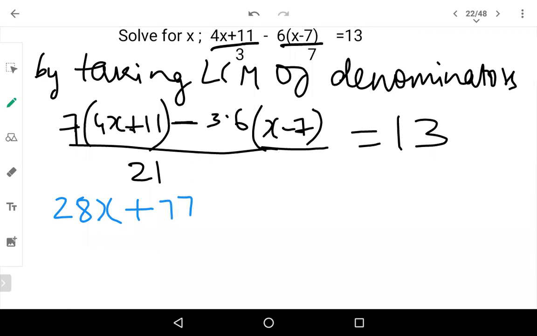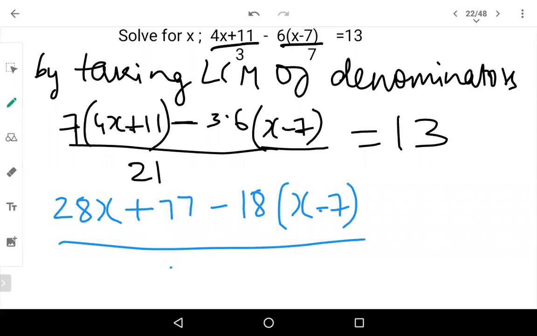And then minus 3 into 6, which is minus 18 into x minus 7, whole divided by 21 is equal to 13. So this is your step number 2.